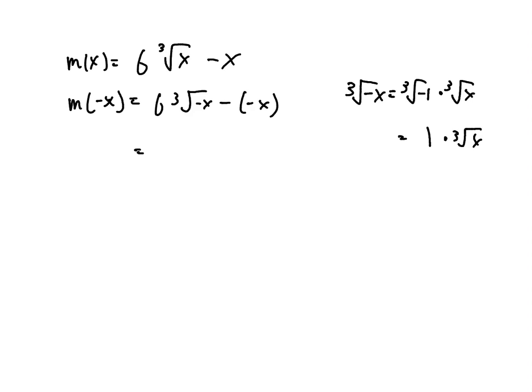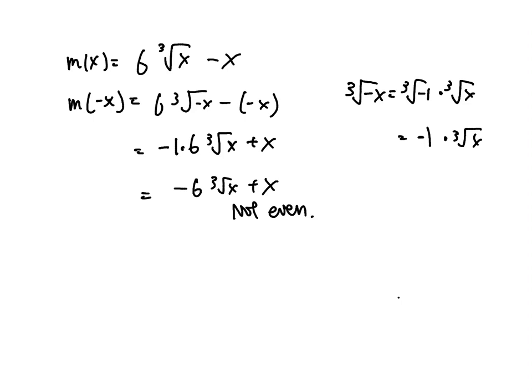So this is negative 1 times 6 cube root of x plus x. So this is negative 6 cube root of x plus x. And this is definitely not even. It is not the same as the original. But again, check by factoring out a negative.